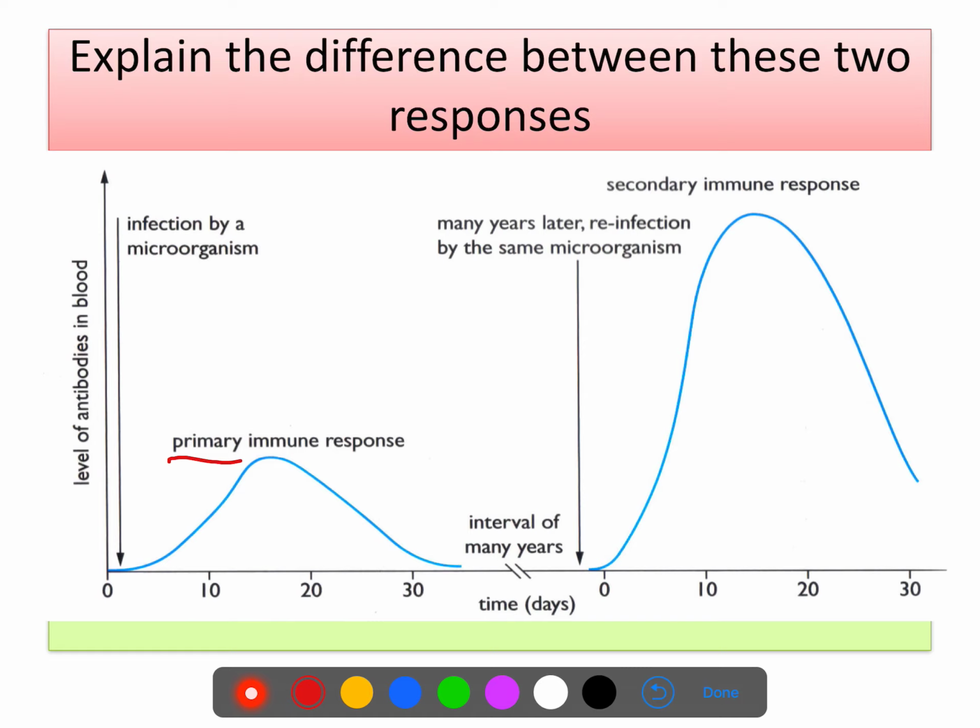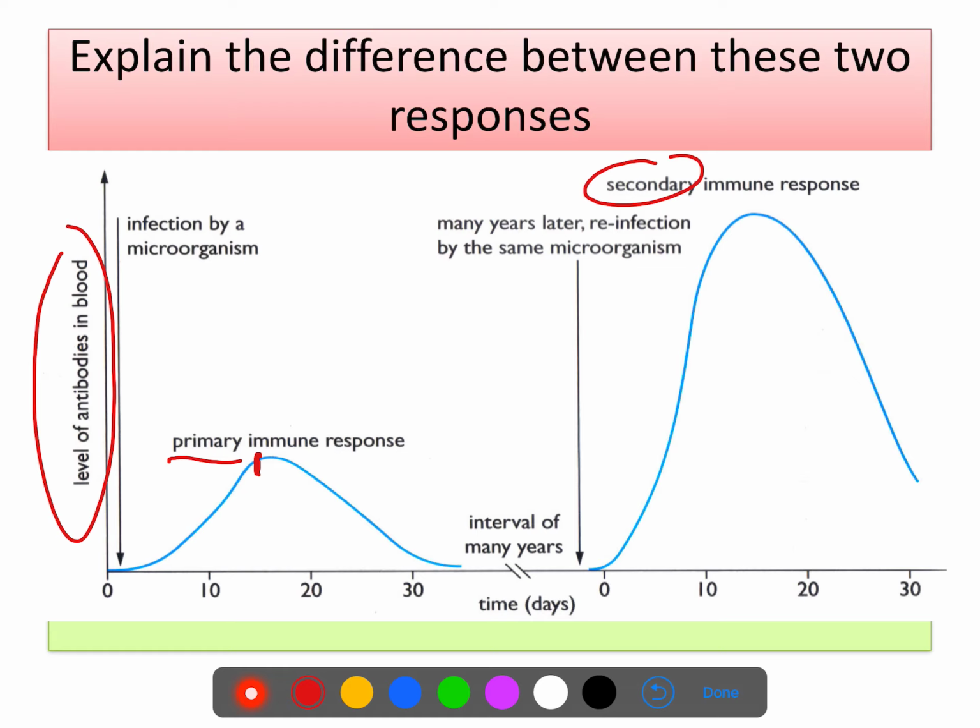You can see the level of antibodies in the blood is quite low, and it takes over 10 days, close to 15 days, to make the peak amount of antibodies. So you can feel quite unwell in your first infection with this pathogen.